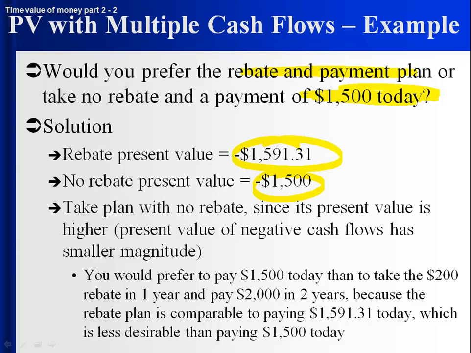So getting $200 in a year and then paying $2,000 is equivalent to paying $1,591.31. The other choice is to pay $1,500 today. What would you rather do? Would you rather pay $1,500 today, or would you rather do something that's equivalent to paying $1,591.31 today? You would take the choice that's like paying $1,500 today.